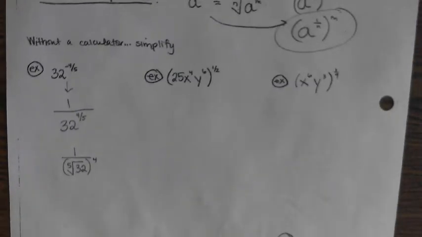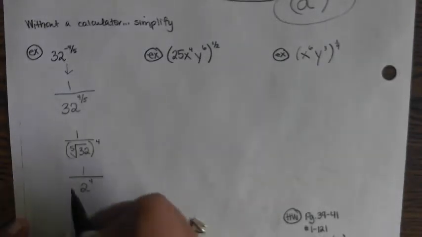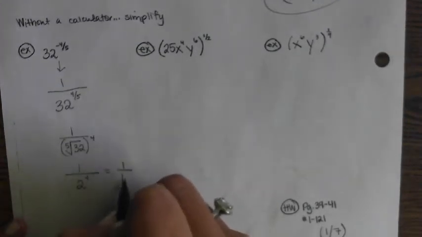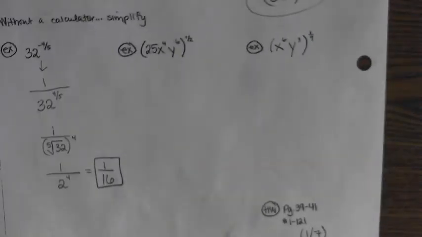You don't have a calculator, so you want to shrink it before you make it blow up. So the fifth root of 32 is 2. And 2 to the fourth power is 16. So you want to take the root first and then raise it to the exponent.